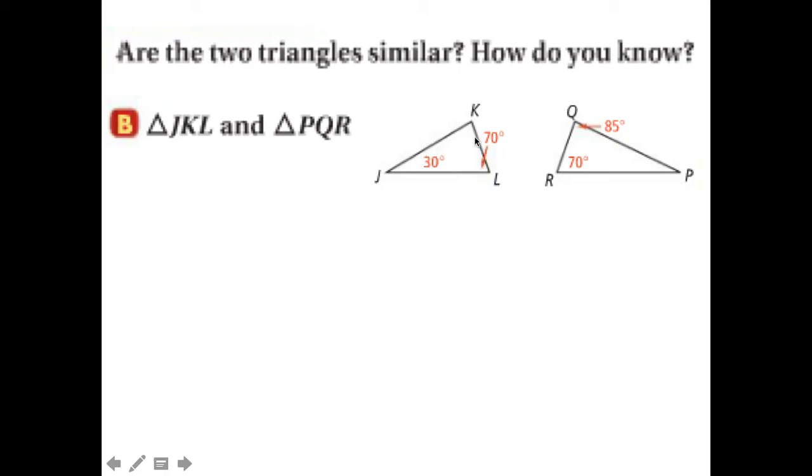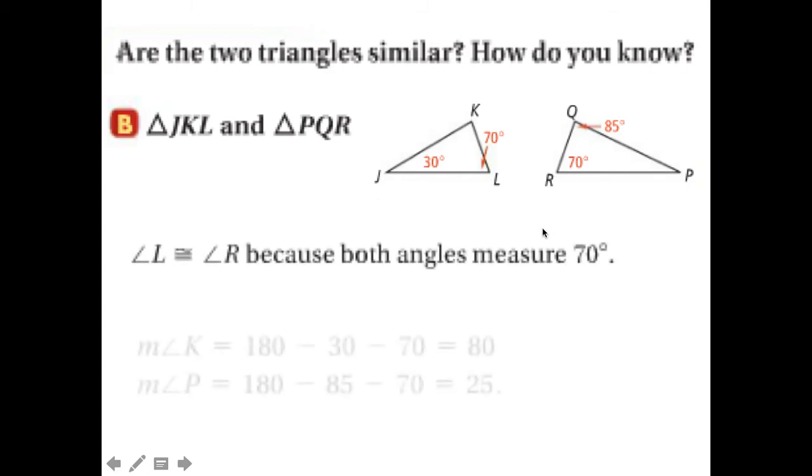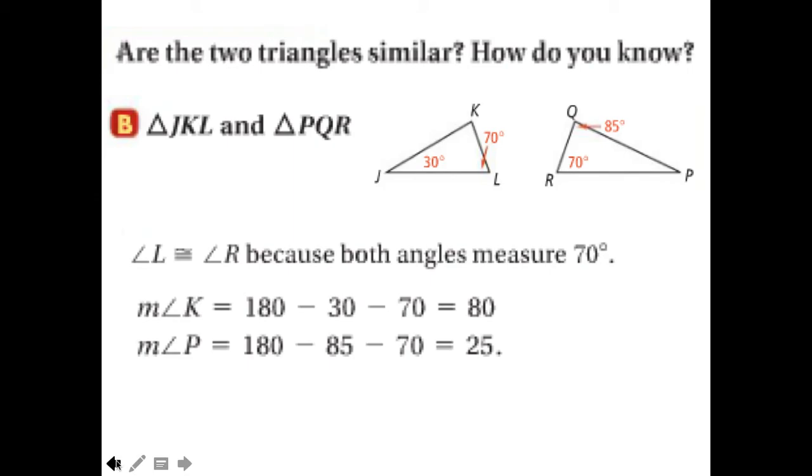In a triangle, all the angles inside add up to 180. So we can subtract 70 and 30 from 180 and get the result for angle K. We can do the same thing to get the result for angle P. What we see here is that angle K is 80 degrees, and angle P is about, what is this, 25 degrees.